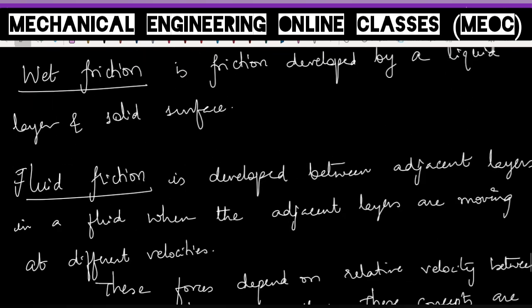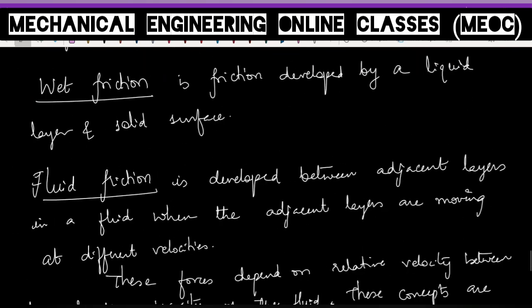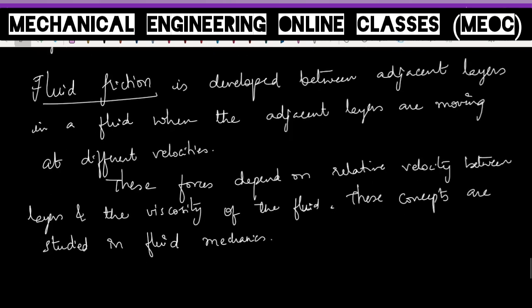Now fluid friction. Fluid friction is developed between adjacent layers in a fluid. This happens when the adjacent layers in a fluid are moving at different velocities with respect to each other. So the fluid frictional force will depend on the relative velocity between the adjacent layers and also the viscosity of the fluid.